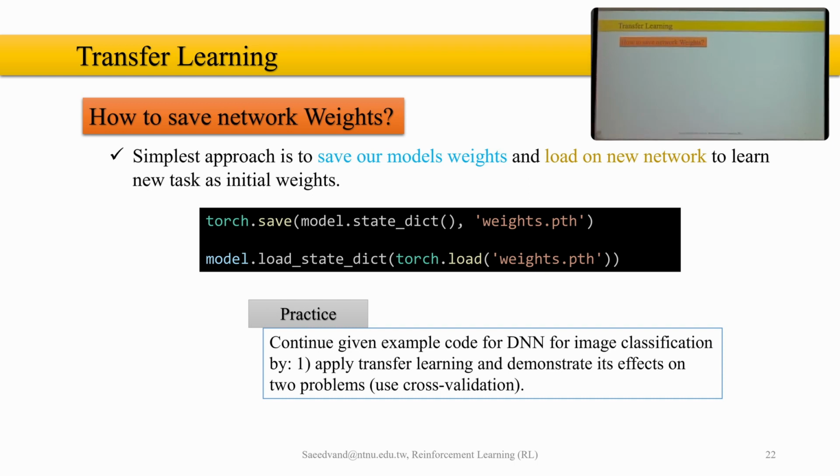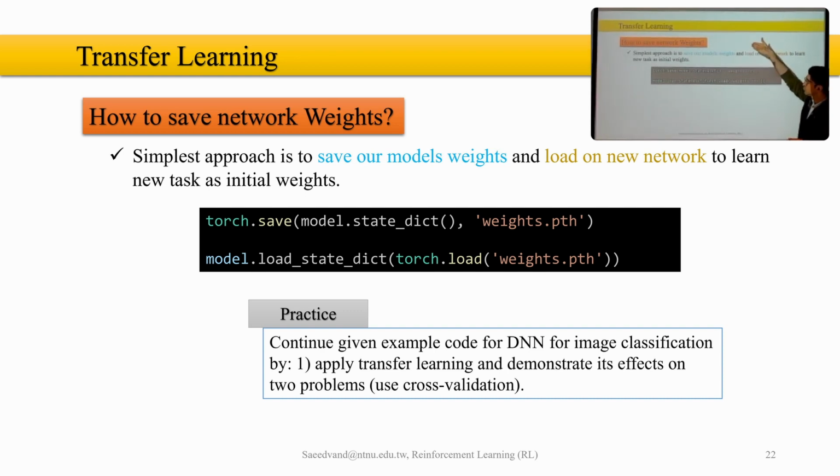So now, we talked a lot about how we can bring this to practice. The simplest way is to save the network that you trained and load it into the new model that you have. How can you do that? Again, two lines of code. In model A, let's say we didn't find it from the internet, we had a problem and solved it, and finally you save the weights.